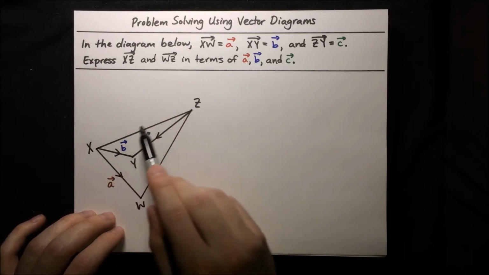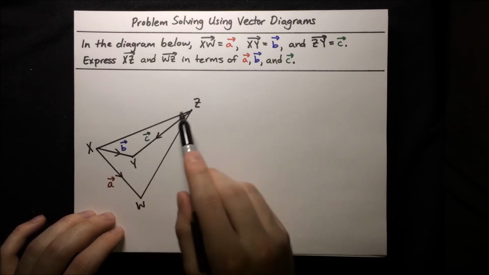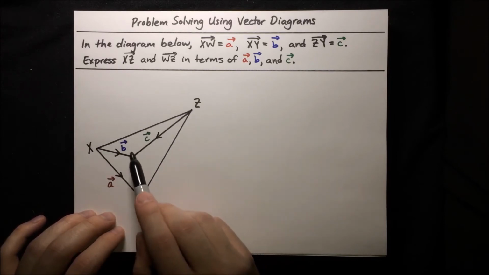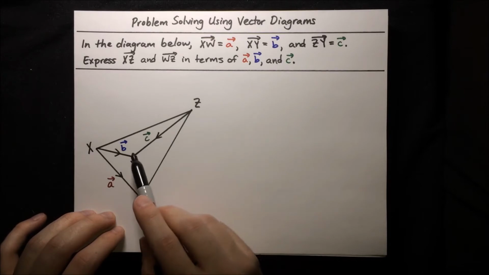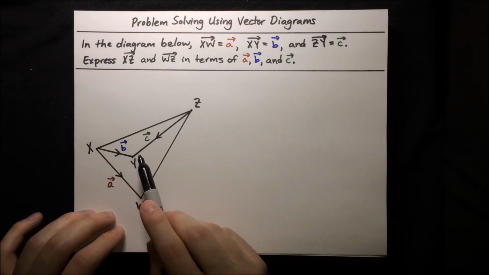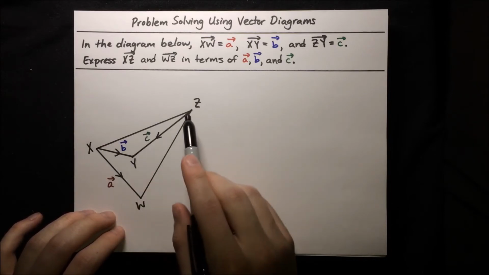That's this vector here for the side going from X to Z. And hey, look, that is part of a triangle where we know two of the other sides as their vectors B and C here. And that's kind of the same setup as was in the previous problem. In the previous problem, we knew two sides of the triangle, and then we were trying to find out the third side. So why don't we do the same thing here?